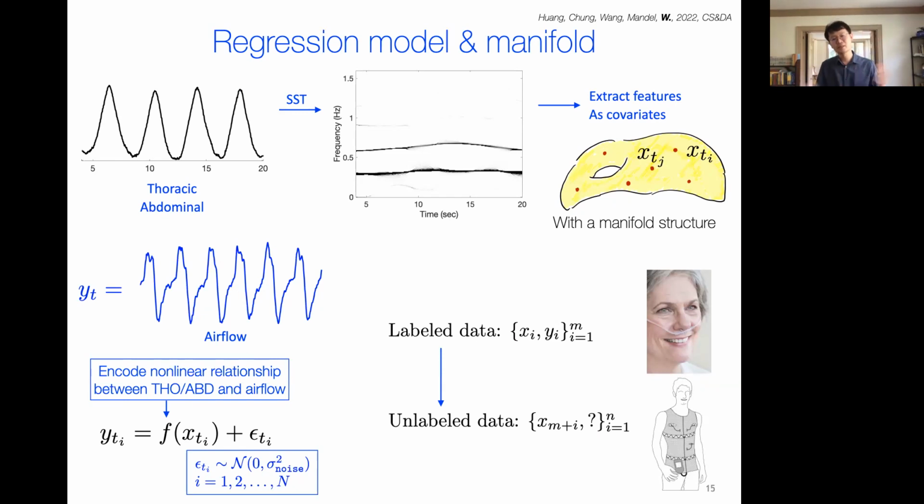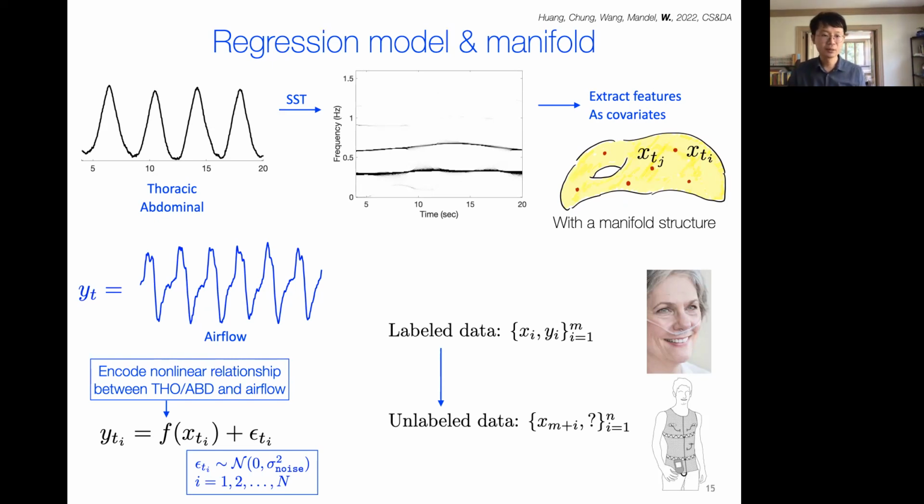So for the thoracic and abdominal signals, what we did was try to extract some useful information as covariates. For example, we apply the synchrosqueezing transform, though you can consider others, and I will not discuss the synchrosqueezing algorithm. But what we can show you is that after you do this feature extraction, the covariates will be located on a manifold.